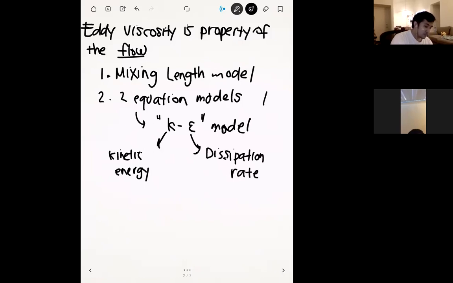By solving those two equations in parallel with your Navier-Stokes, you can compute your nu t and then plug that back into your Navier-Stokes. These methods are often a lot more popular, just because they're a lot more accurate. But the two equation models are basically impossible to solve by hand. So the only way to do this is with computational fluid dynamics.